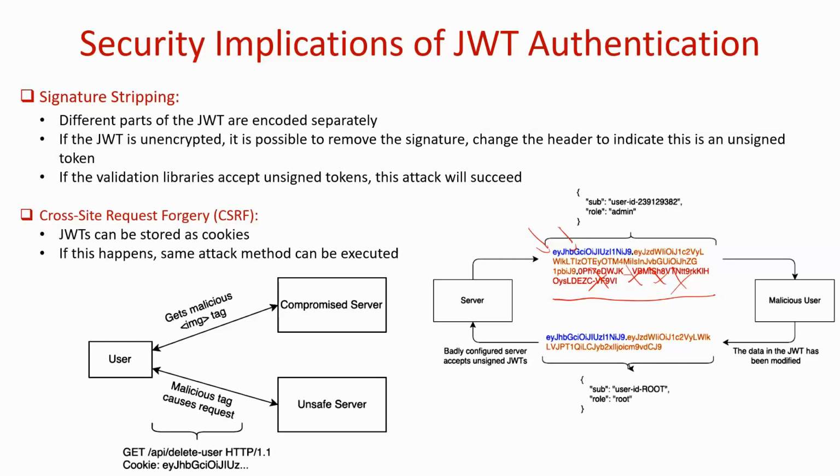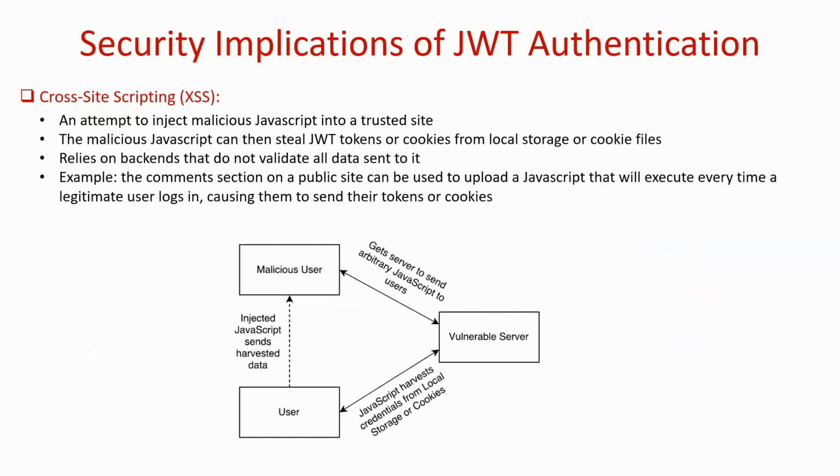In another attack, some systems would send the JWT as a cookie. So rather than send you a session ID, rather than send you a cookie ID, they will send you a token, and your browser will store the token and send it in every subsequent HTTP request. If JWTs are stored as cookies, okay, then they are now vulnerable to the same attack that cookies are vulnerable to, which is the cross-site request forgery attack.